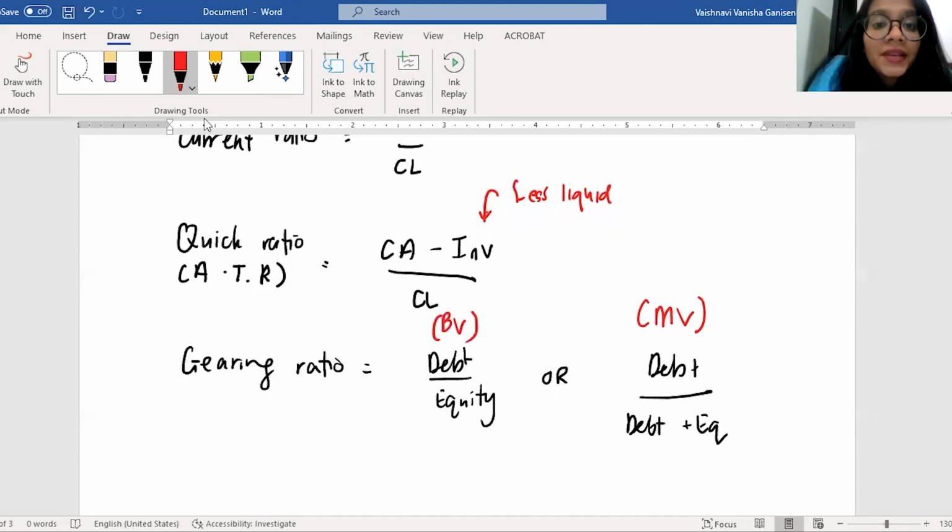But please bear in mind, this also depends on whether the examiner has given you the guidance. Sometimes it may be book value, but the examiner still wants debt over debt plus equity. So you have to pay attention to the question.